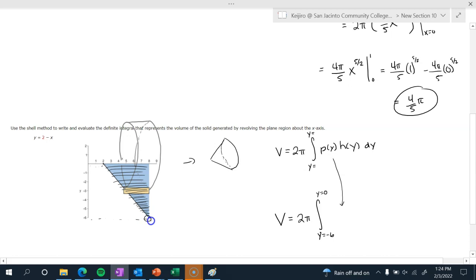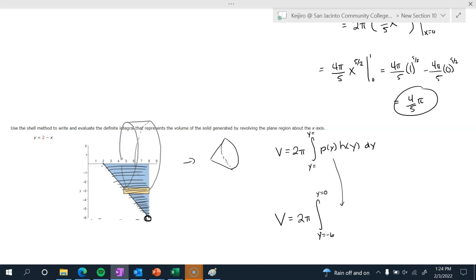At this place where we start, when y equals -6, the radius, how far the edge of that shell is from the axis of rotation, is actually 6, right?